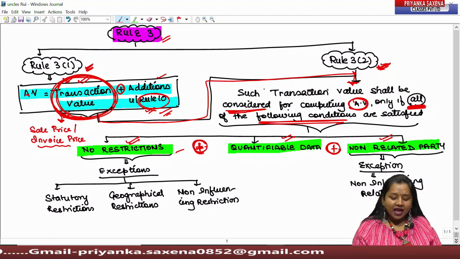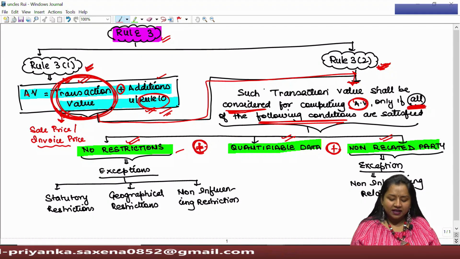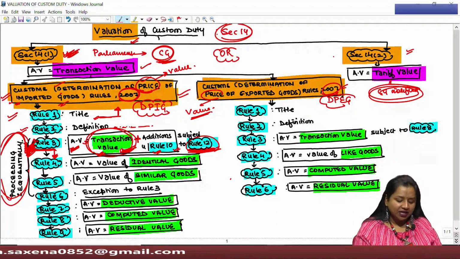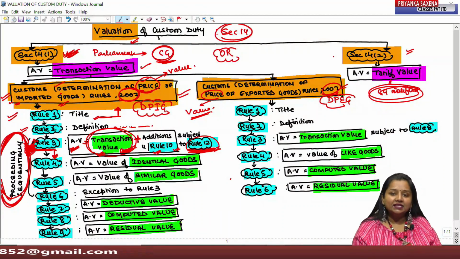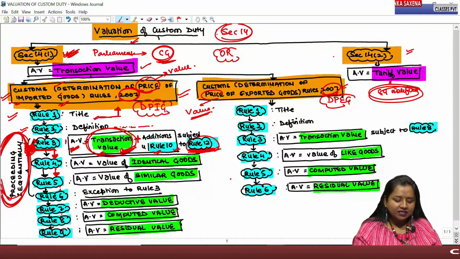And if any of such conditions does not get satisfied, then by proceeding sequentially, the assessable value can be determined under Rule 4 or Rule 5 or Rule 6 and so on instead of Rule 3.